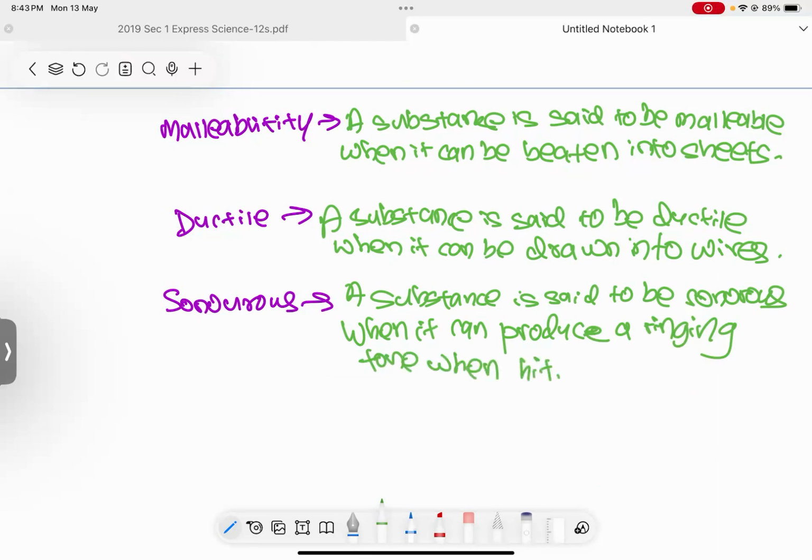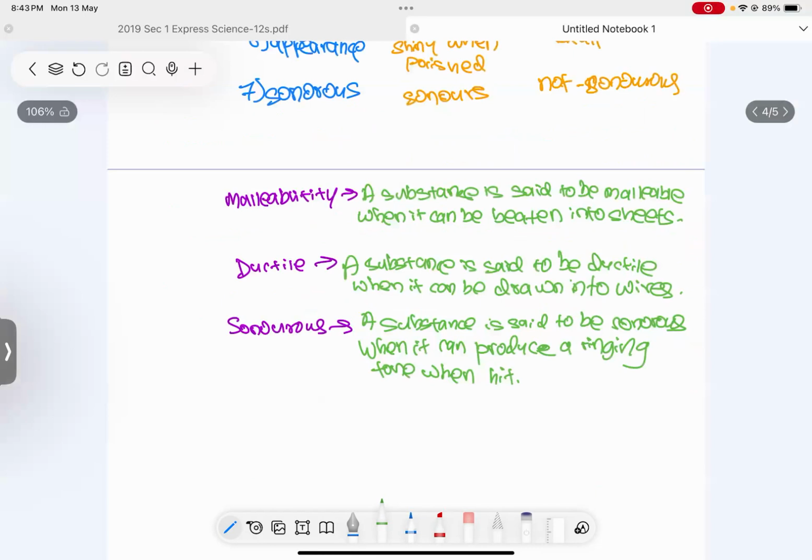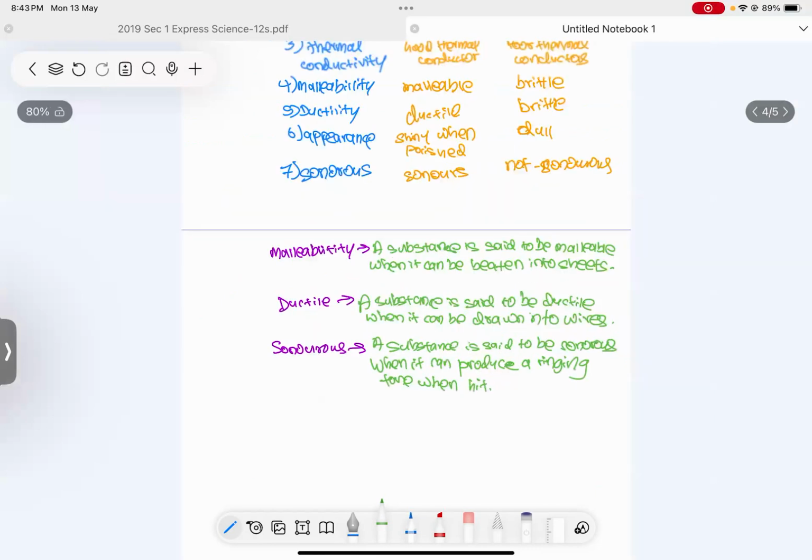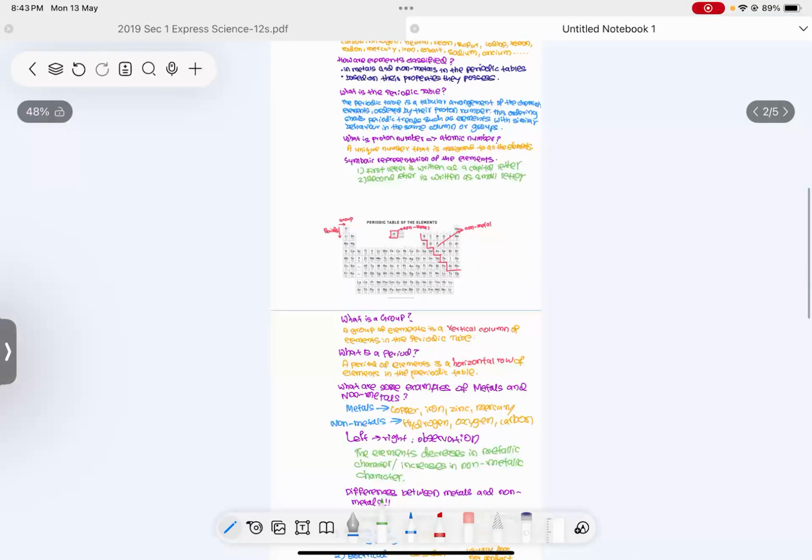So friends, that is all I have for you guys today. Today we have covered elements and the periodic table, and differences between metals and non-metals. Okay, and we have learned three new terms: malleability, ductile, and sonorous.